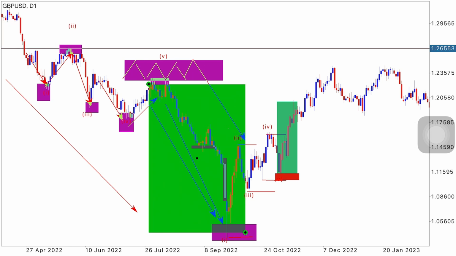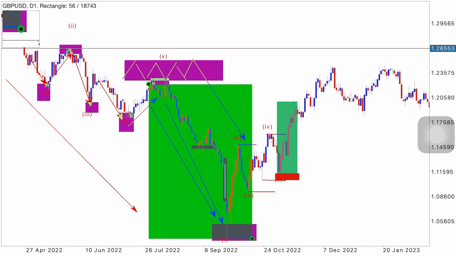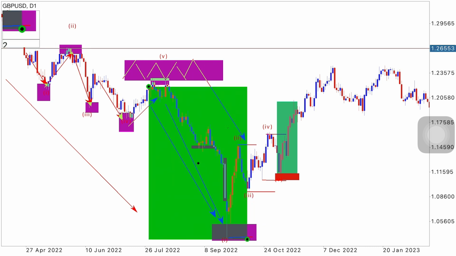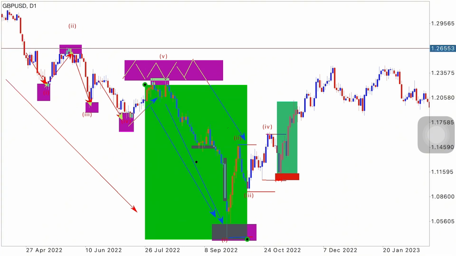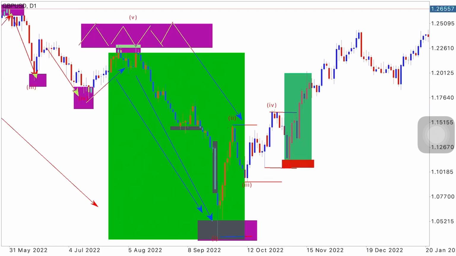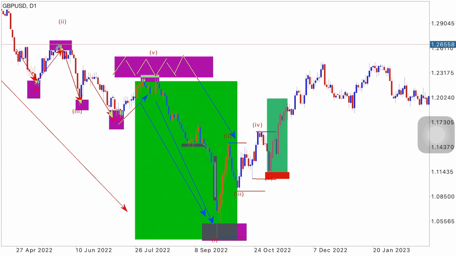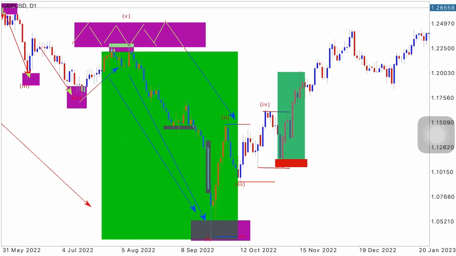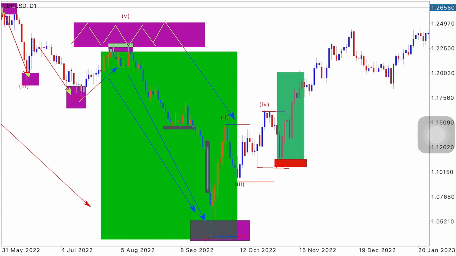Imagine catching all these pips just from there to here. That's a lot of pips caught, guys. Imagine catching this type of trade and then buying yourself a house the next week. That's massive. Okay, so let me just remove this.